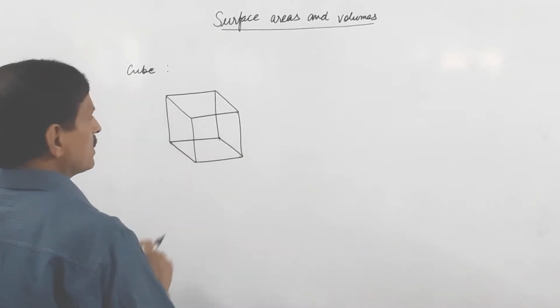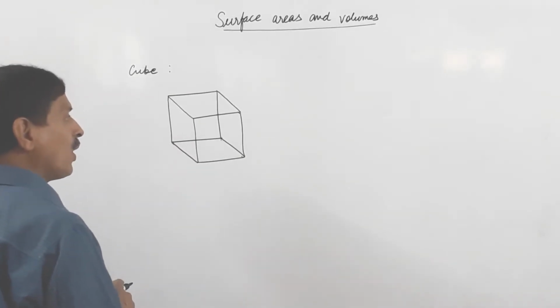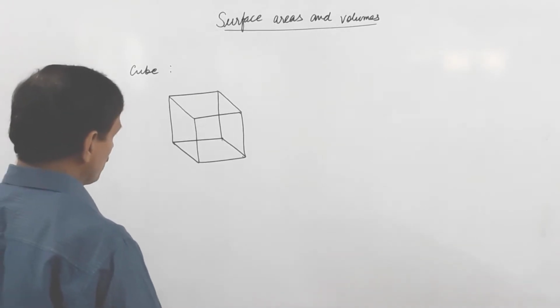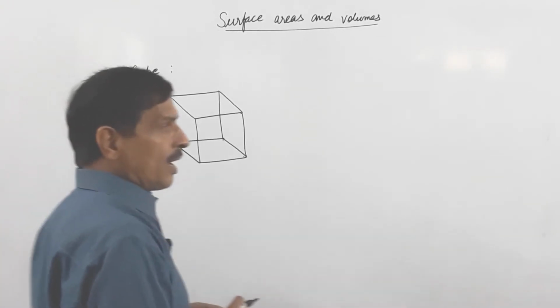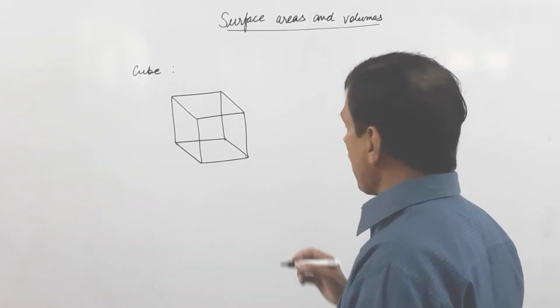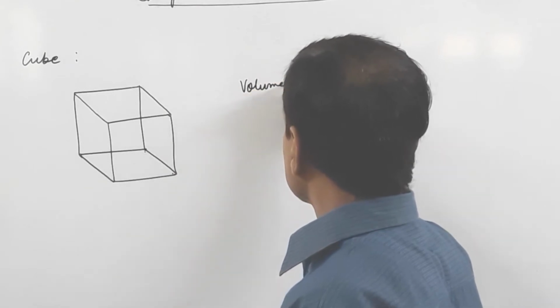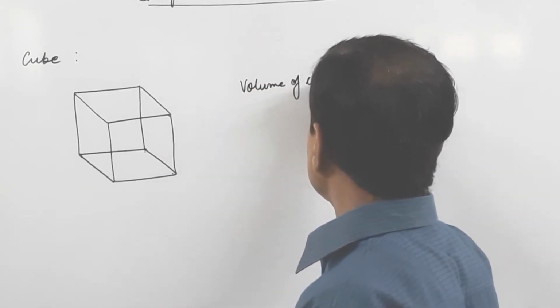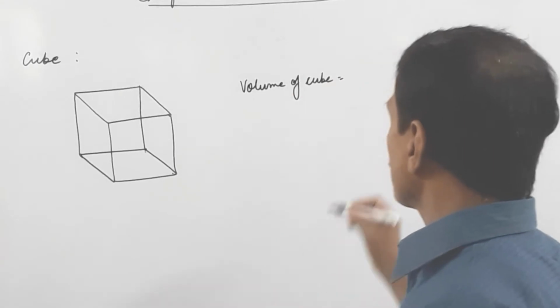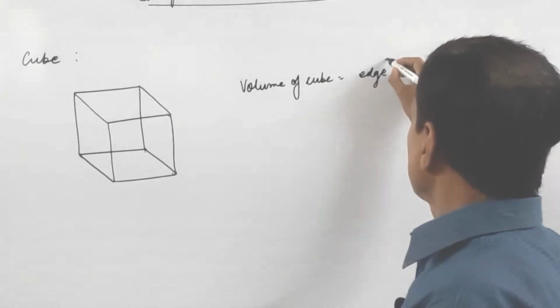In the cube, the three dimensions length, breadth and height all are equal, and each may be denoted as edge of the cube. So volume of cube is equal to edge cube.